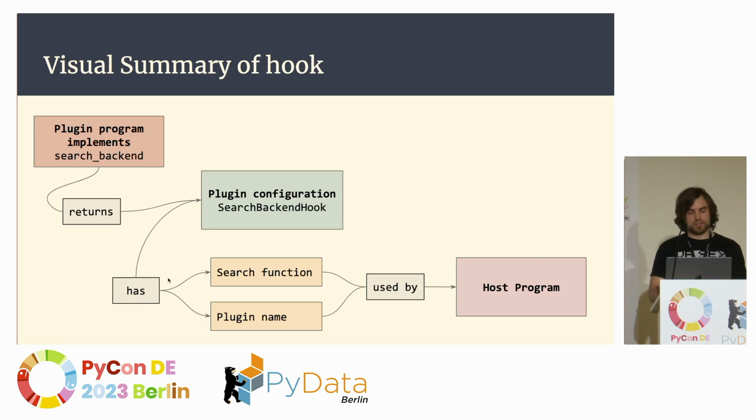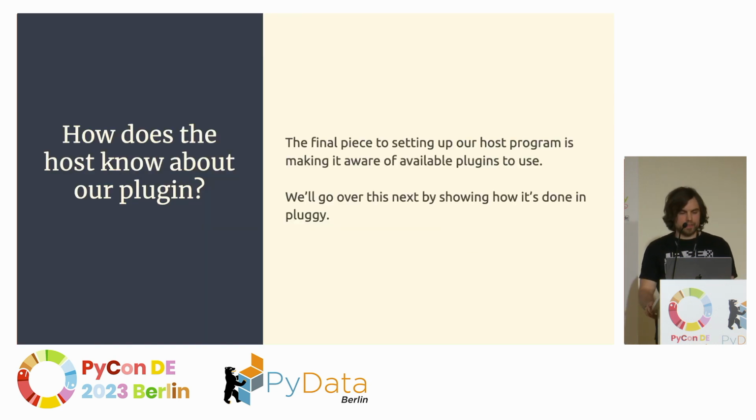That then has two properties. It has a search function that we can use to retrieve results, and it also has the name of the plugin. And this is in turn used by the host program. So this is how we get from the plugin on the left, all the way to the host program on the right. Cool. All right.